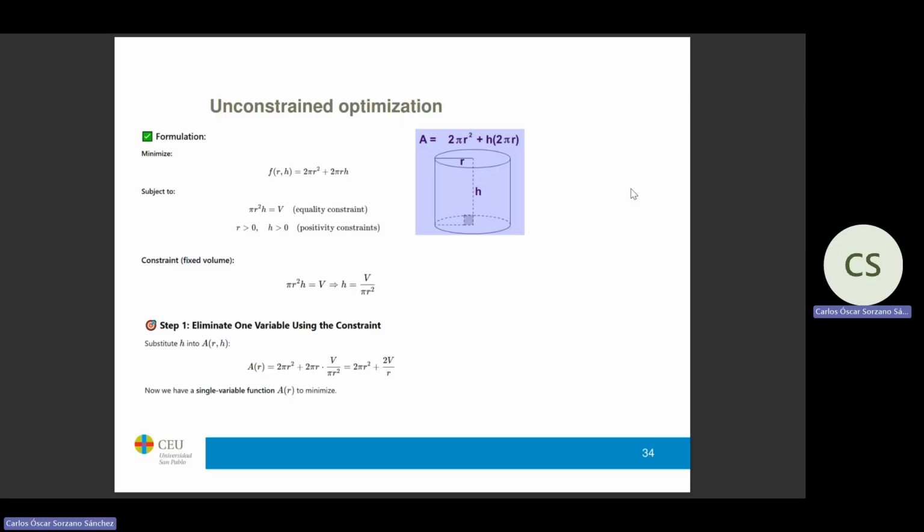This is the cost function that is just the area of the tank, subject to this equality constraint that tells us that the volume of the tank has to be some given value, and the positivity constraints, because negative radii and heights don't make sense.